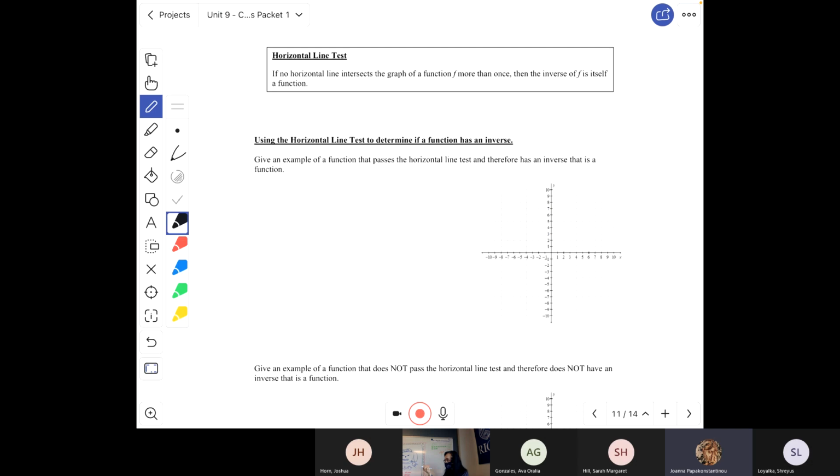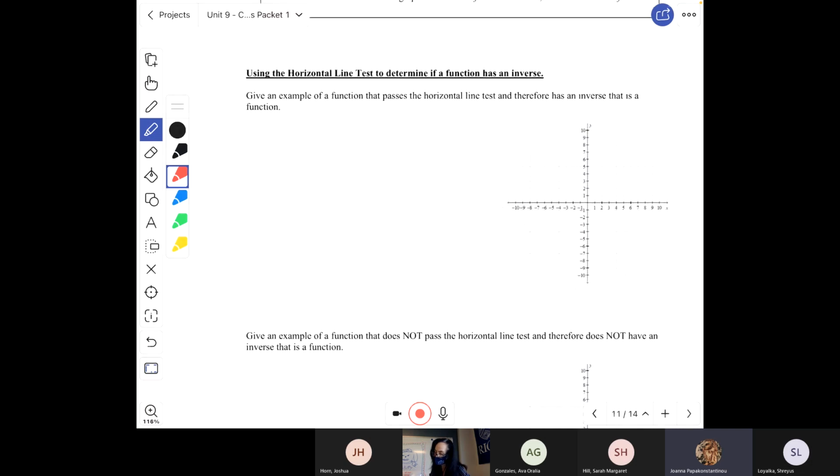If you look at that original function and it also passes the horizontal line test, then its inverse is also a function. So that's a quick way to determine if the inverse of a relation is a function. So let's use the horizontal line test to determine if the function itself has an inverse.